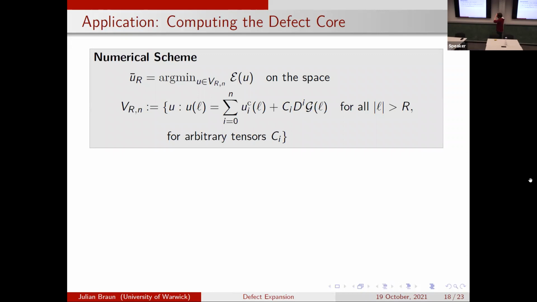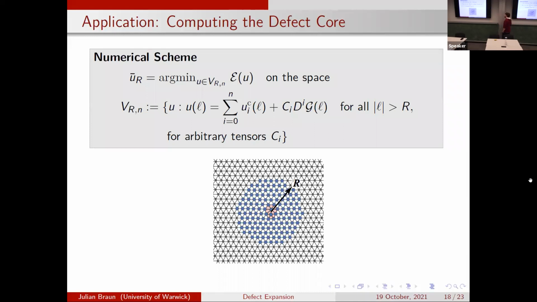And so a very straightforward scheme that you can now write down is that you just fix a ball of radius r. Inside of the radius, you let your atoms relax freely, and outside you fix them to the boundary condition given by this higher order approximation.